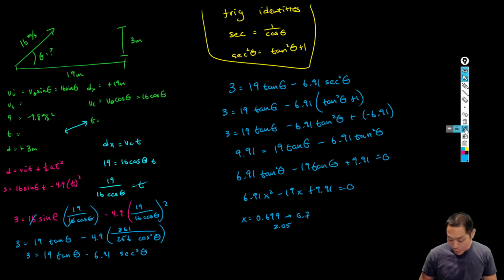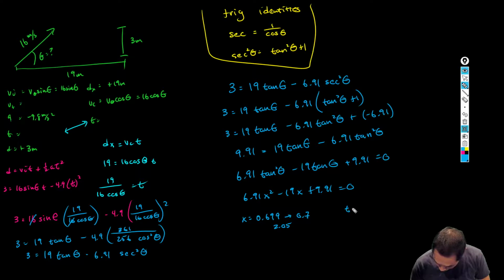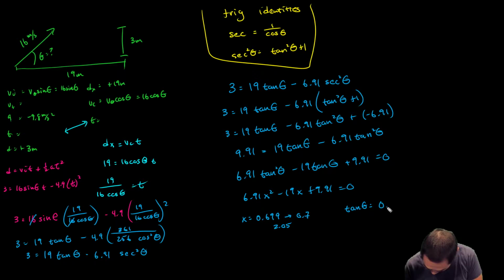And what I'm going to do now is make tangent equal to that. So tangent of theta is either equal to 0.699, and then tangent is equal to 2.05.